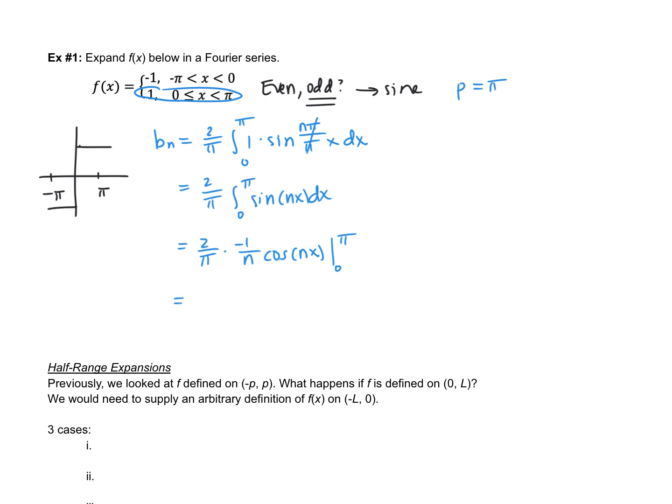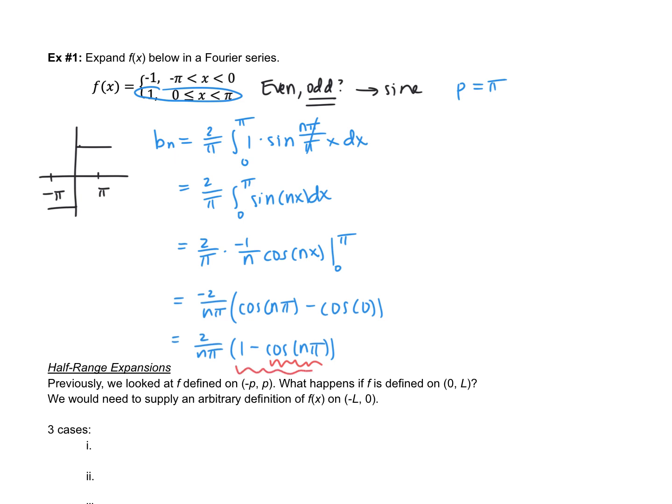So that gives us negative 2 over n pi, times cosine of n pi subtract cosine of 0. This is the same as 2 over n pi, times 1 subtract cosine of n pi. And we've seen this before. What is cosine of n pi actually equal to?